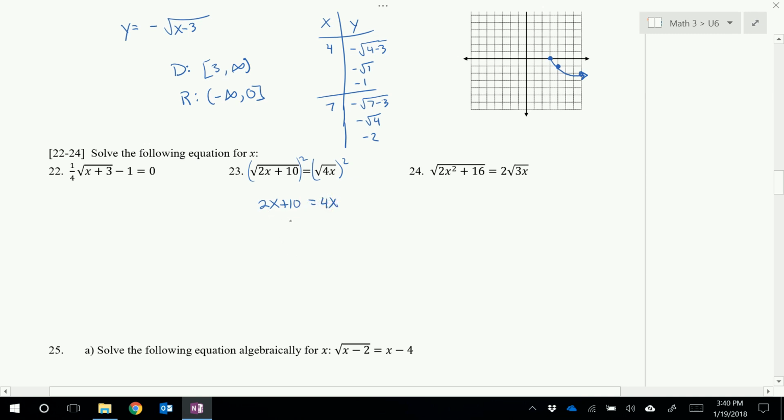I'm going to subtract 2x from both sides and get 10 is 2x, divide by 2, get 5 is equal to x. And then last step, let's check to make sure that works. So is the square root of 2 times 5 plus 10 equal to the square root of 4 times 5? So we get root 20 equal to root 20, which is true, so we keep our answer, x is 5.